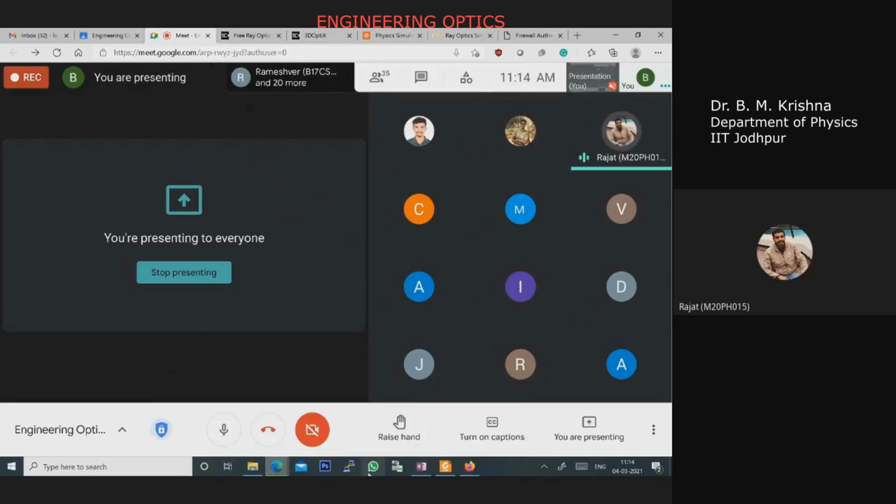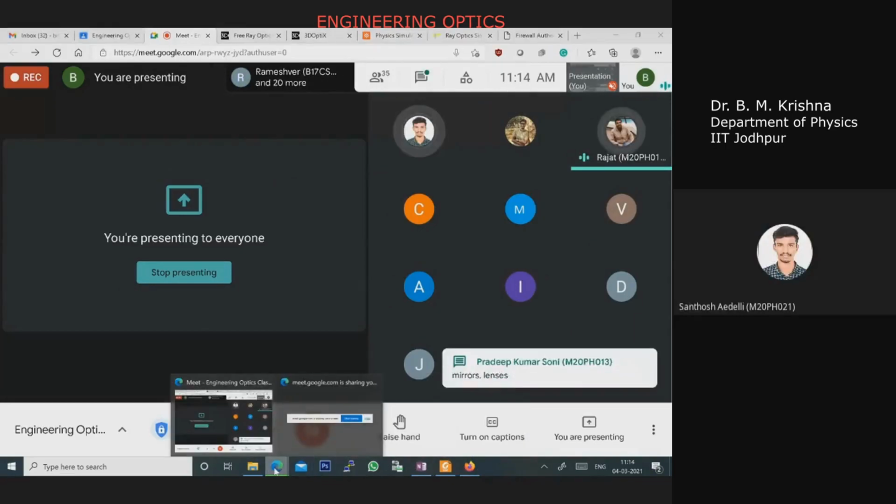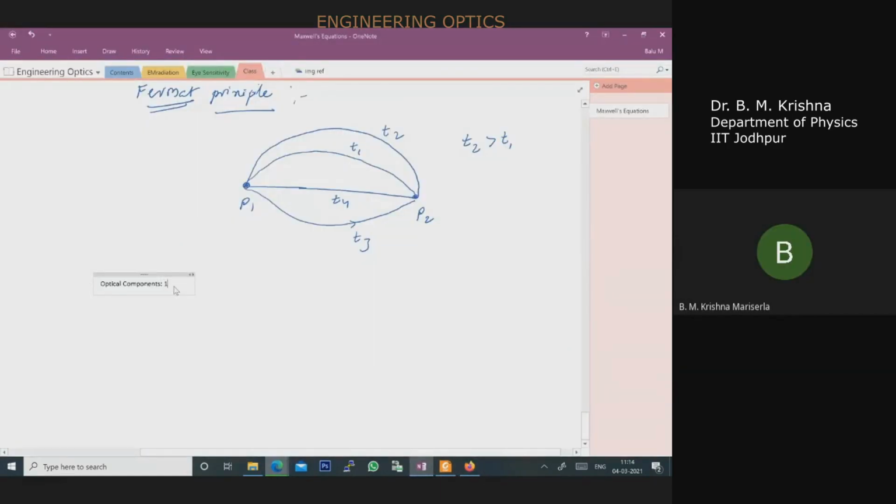Mirror, lens, mirrors, aperture, slit. We'll talk about mirrors. Next, fibers. Next, lenses. Next, aperture, slits.